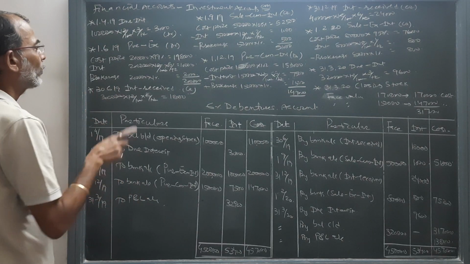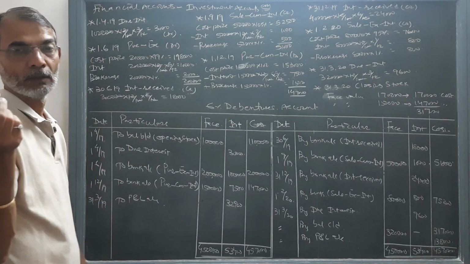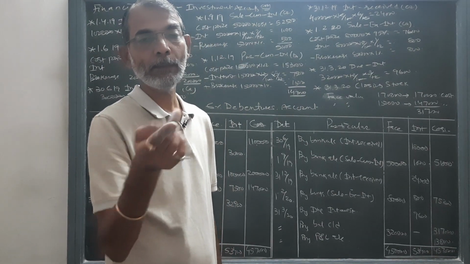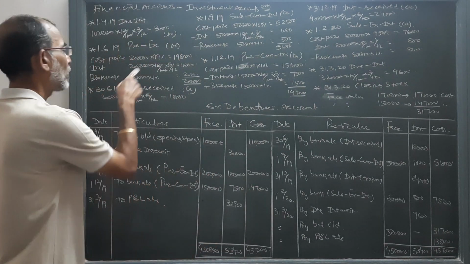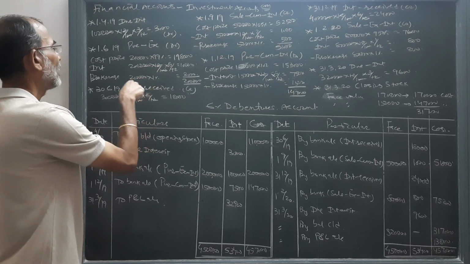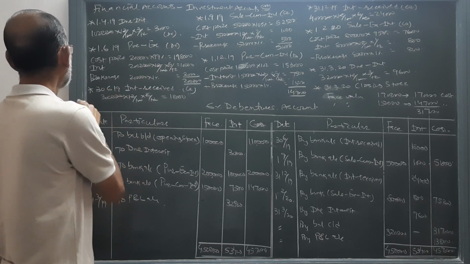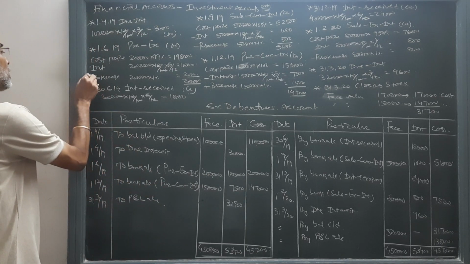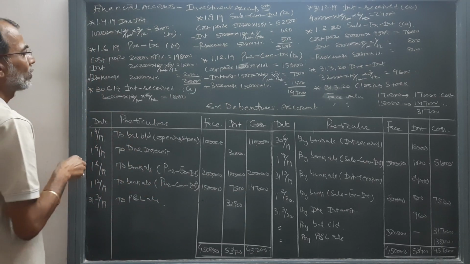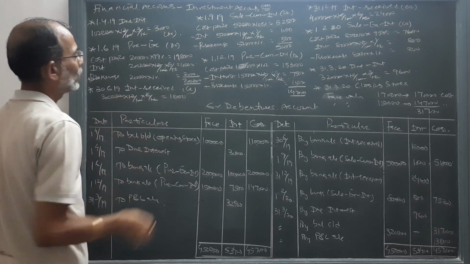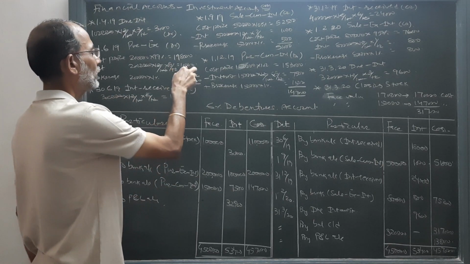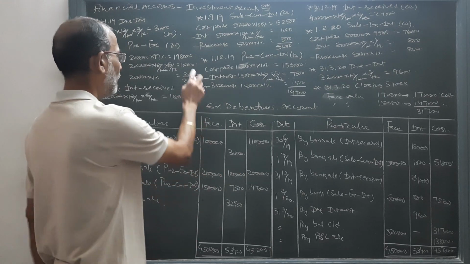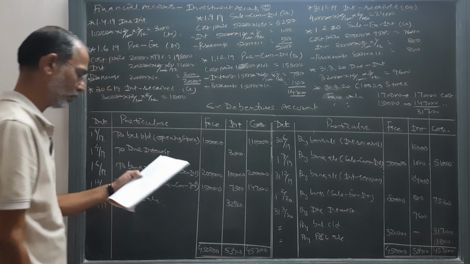Interest on 2 lakh for 5 months, January, February, March, April and May, 2 lakh, 5 months, 12%, that came to 10,000. Brokerage: in purchase, brokerage is to be added, 1% of 2 lakh is 2,000, so 198 plus 2 lakh, 2 lakh face value, cost price, interest 10,000.